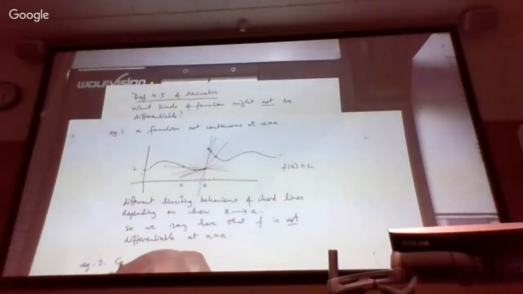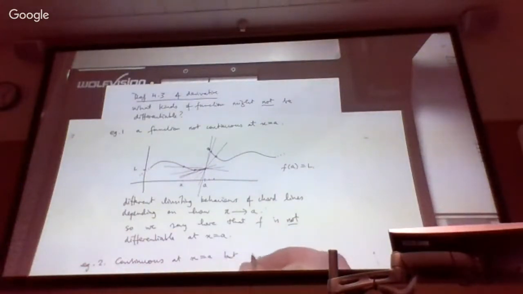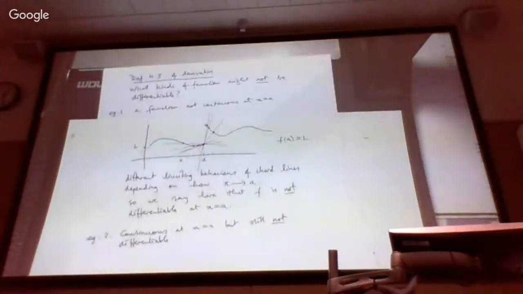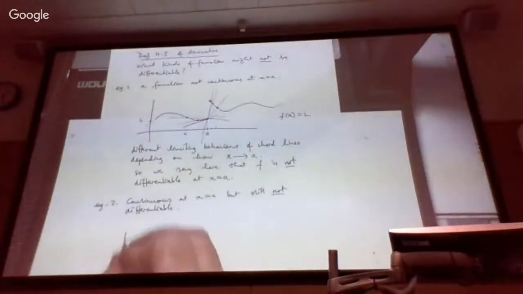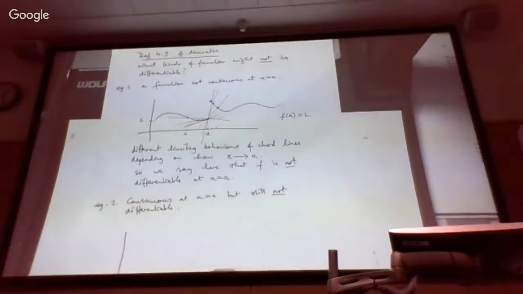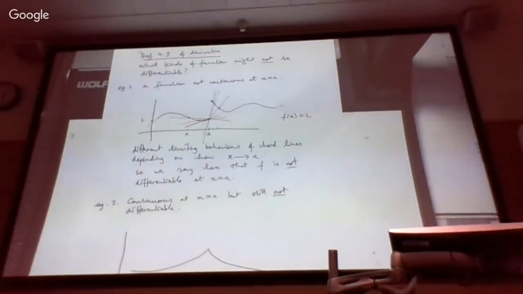So another example would be a function that would be continuous at a, but still not differentiable. So we want a function that's continuous at a, doesn't make an immediate jump in value at a, but still has something funny going on.